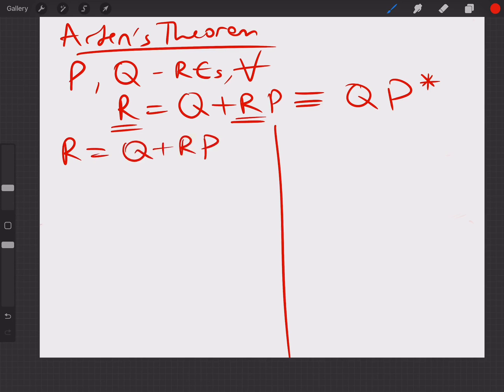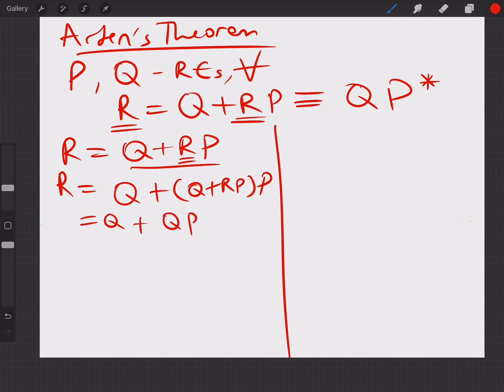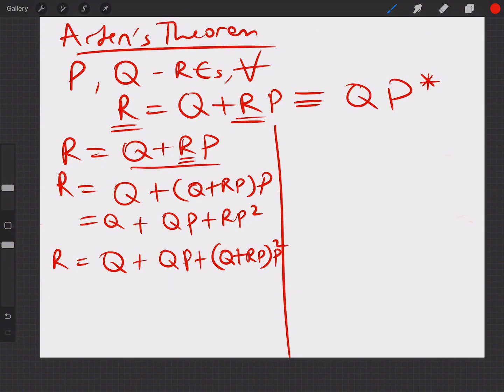R is equal to Q plus RP, right? Now, substituting R with the entire equation, we're going to have Q plus RP again, then P. Expanding that, we are going to have Q plus QP plus RP squared. Expanding that again by substituting the value of R, we are going to have Q plus RP, P squared.